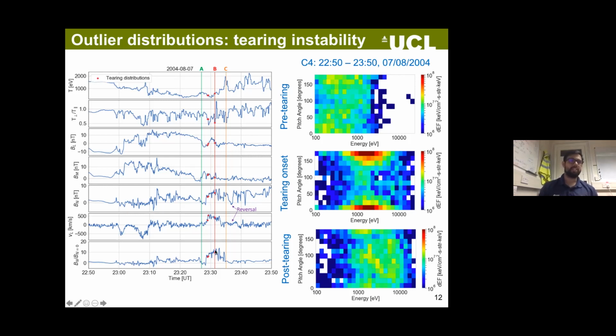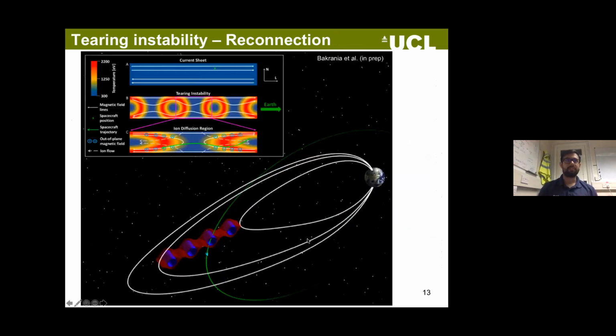And it also occurs during magnetic field measurements that are within the instability criteria. Subsequently, we do then observe a reversal in the normal magnetic field component and the parallel velocity component, which is one indicator for magnetic reconnection. I'll talk about further identifiers for that in a second.